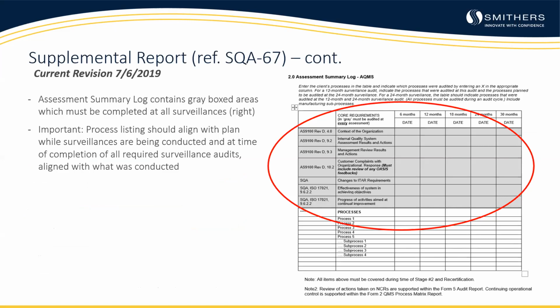Some of them are SQA specific or otherwise supported by 17021. But the expectation is, at least for the gray items, that those are covered as part of every assessment appropriately. And then in the bottom section, the non-gray highlighted section, we have a clear understanding of where processes were covered in respect to audit.